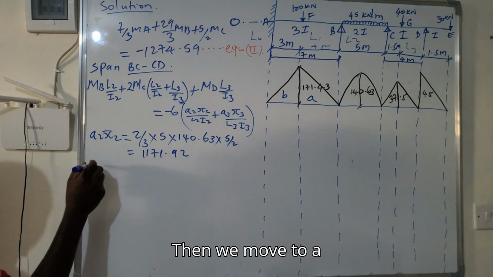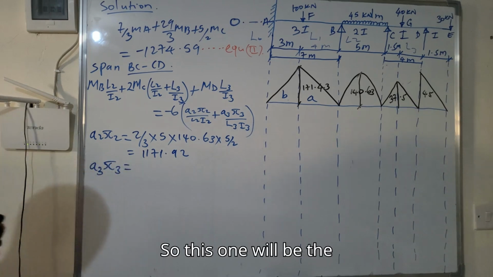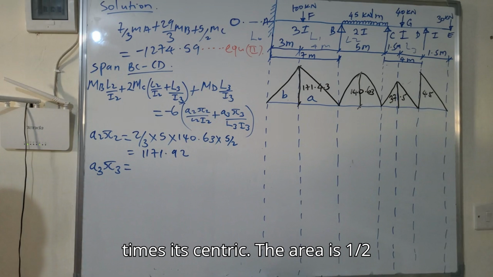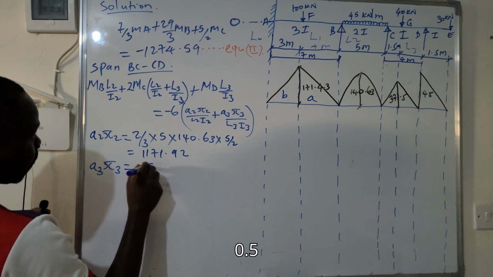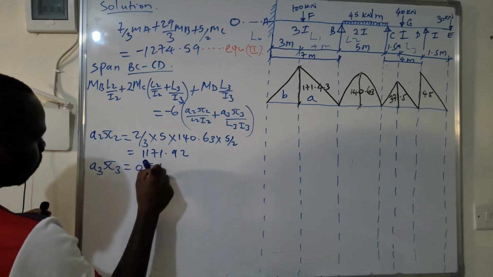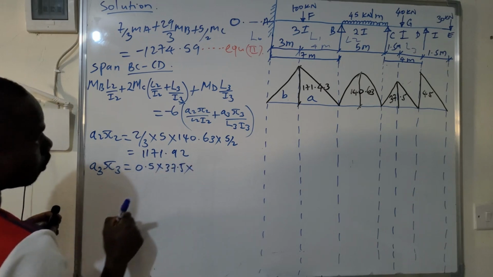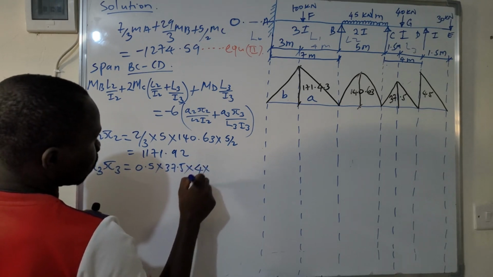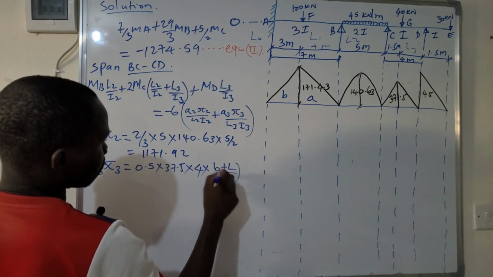And then we move to A3 x bar 3. So this one will be the area of this times its centroid. The area is a half base times height, so the area is 0.5 times height, 37.5, times base 4, times the centroid. You can use this one, b plus L over 3.